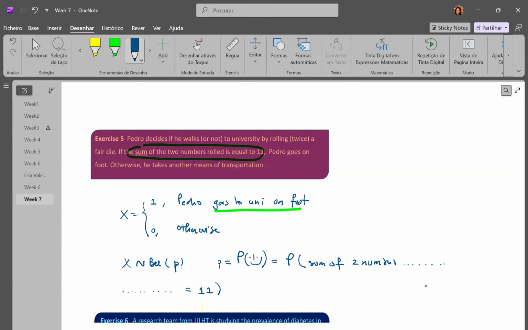Is this okay if I leave it like this? Yes. So I want the sum of two numbers that results from throwing two balanced dice equals 11.